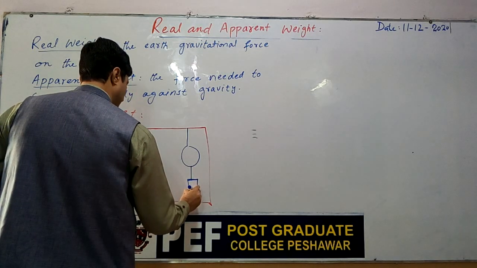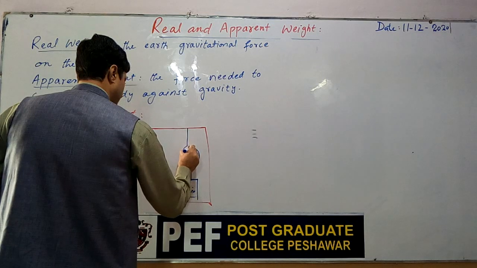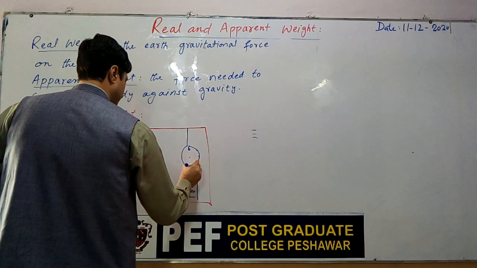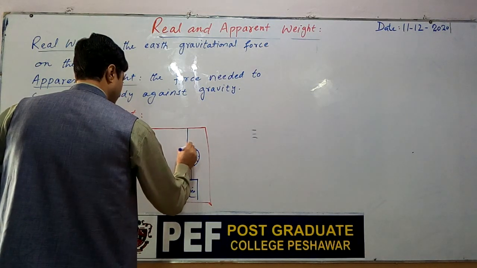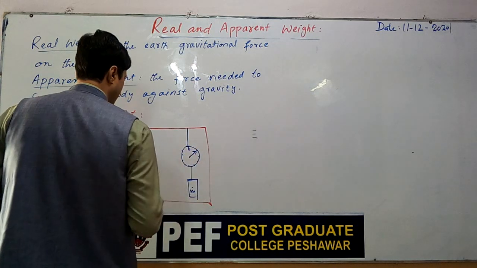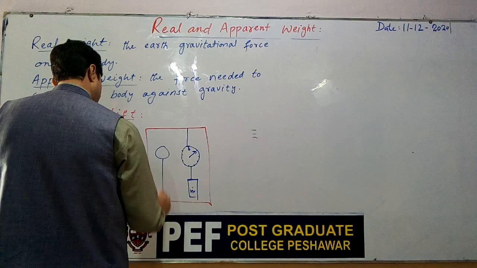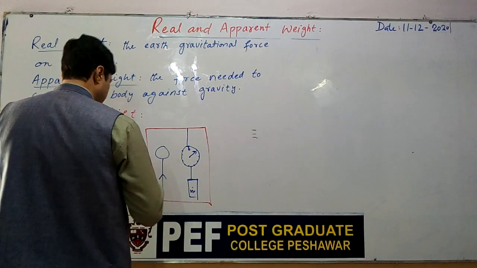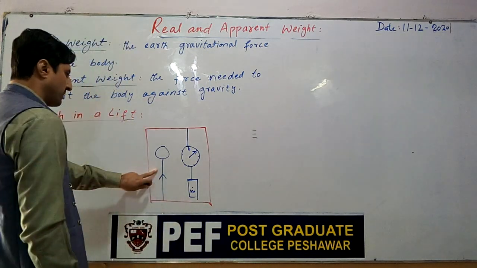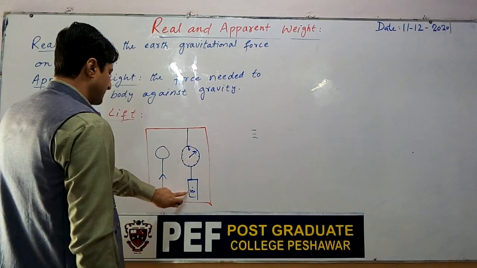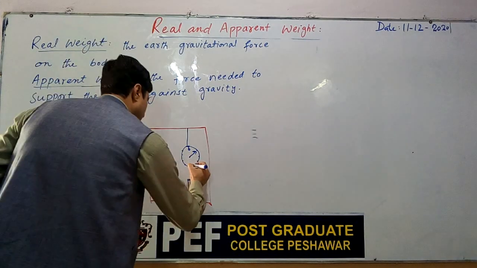This is mass m. This is a spring balance having a certain scale on it. And here is an observer standing in the lift. This is an observer, this is the spring balance, this is a mass hanged with the spring balance.